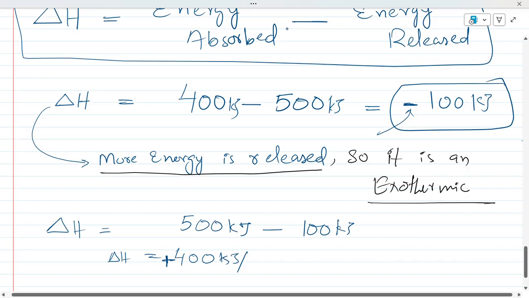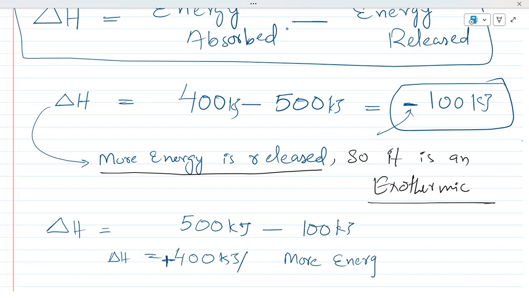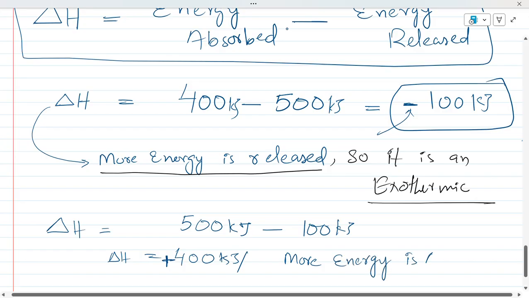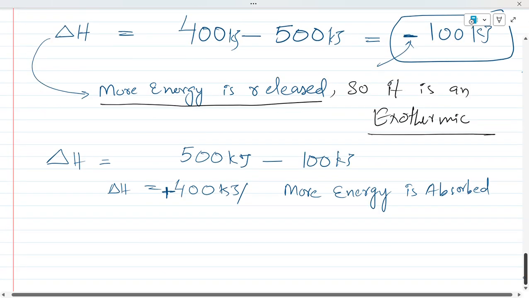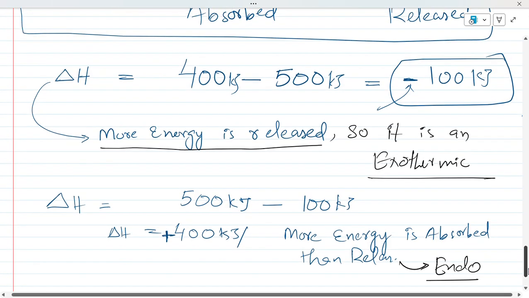So this is an endothermic reaction because more energy is absorbed from the surroundings than released, or more energy is absorbed to break the bonds than released. So this reaction is called an endothermic reaction. So this is all about chemical energetics and the calculation of enthalpy changes.